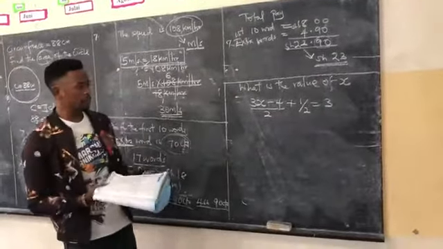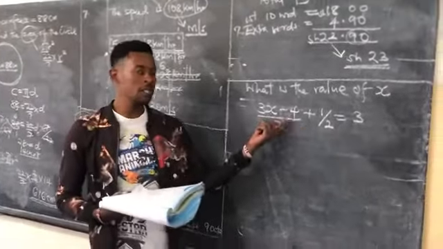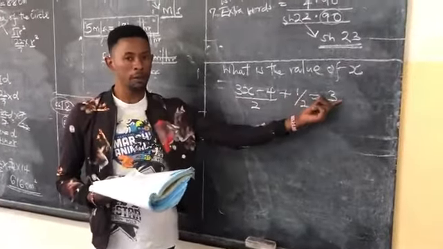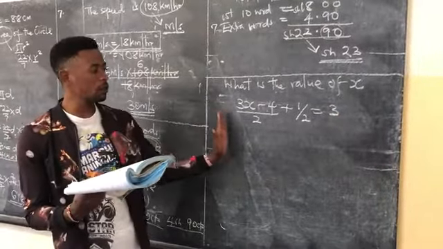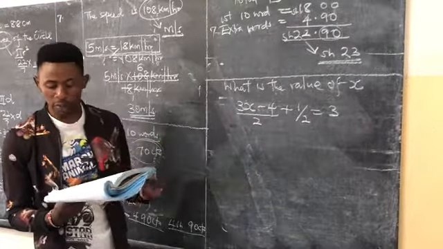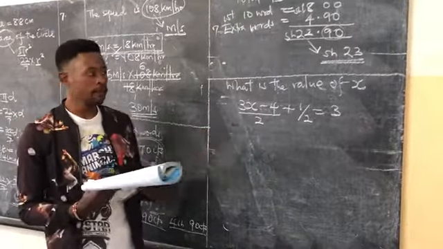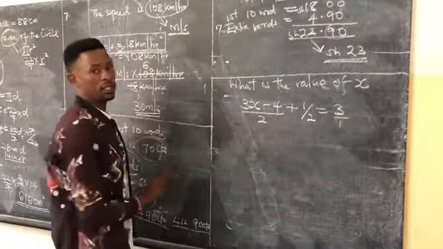So I always tell my pupils, these are 3 groups. This is a group on its own, this is another group, this is another group. And because we want to work out these terms together, that means they should share something in common. Now, I always tell my pupils to find the LCM of these denominators.